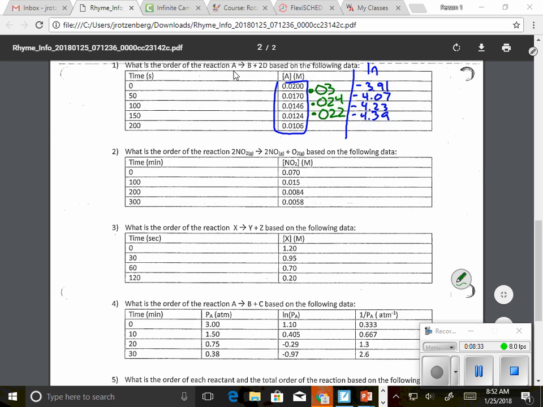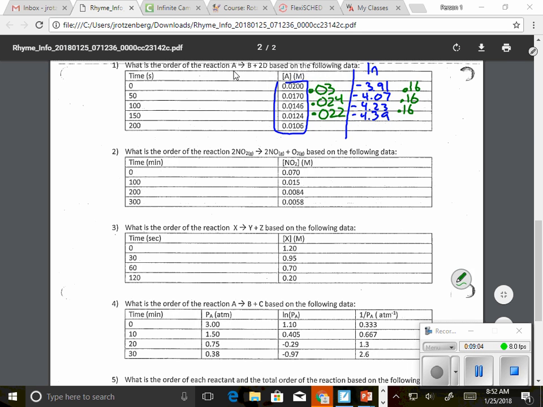The difference between 0 to 50 would be 0.16. The difference from time 50 to time 100 would be subtracting the 4.07 from the 4.23. It's 0.16. 4.23 from 4.39.